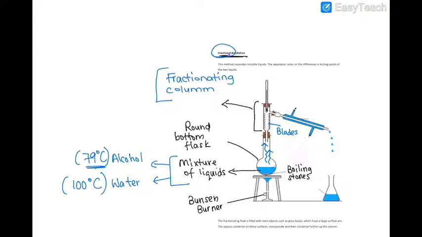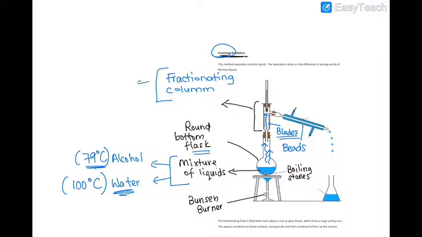So the gases of alcohol will reach up, but the gas molecules of water are going to condense on these blades. This is why you have blades, or sometimes beads. These cause the gas with the higher boiling point to condense back into that flask.